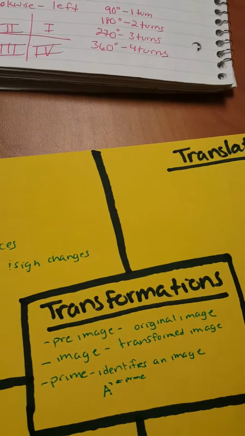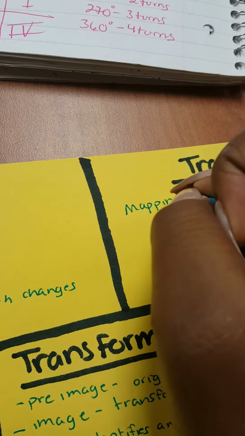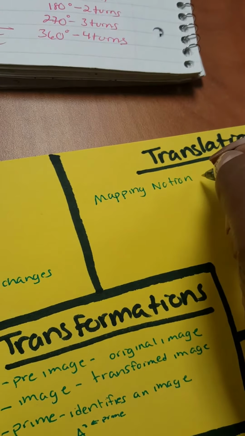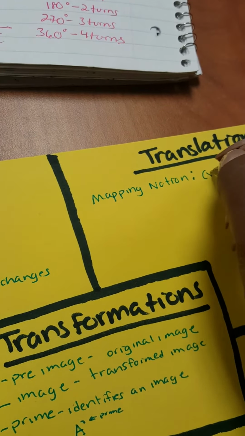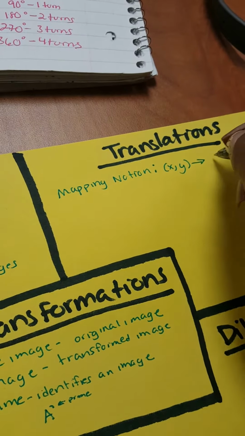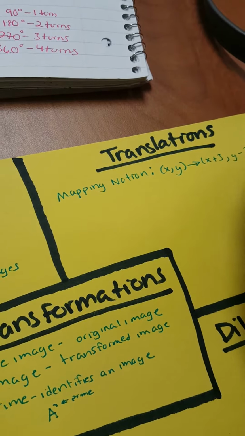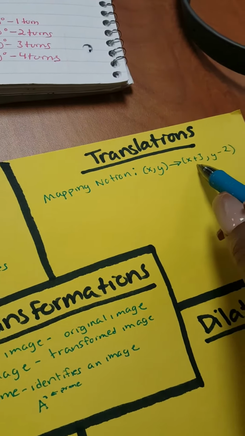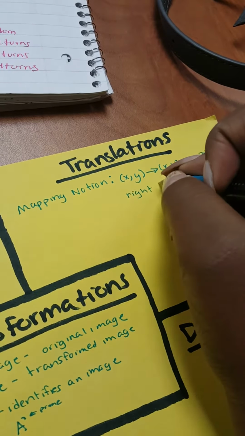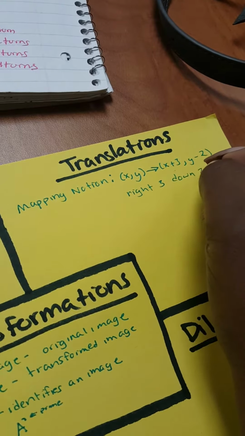Okay, translations. We have mapping notation. It was written as XY, then X plus 3, Y minus 2. The X plus 3 means I'm going to the right 3, and the Y minus 2 means I'm going down 2.